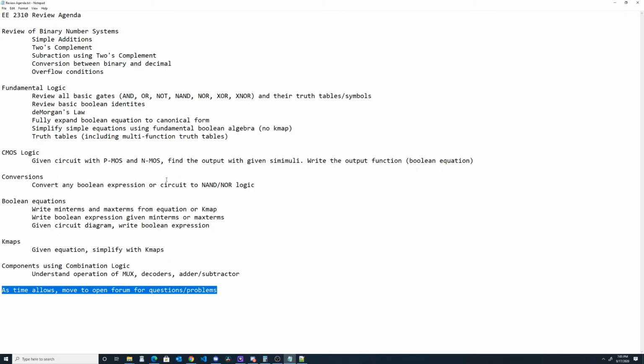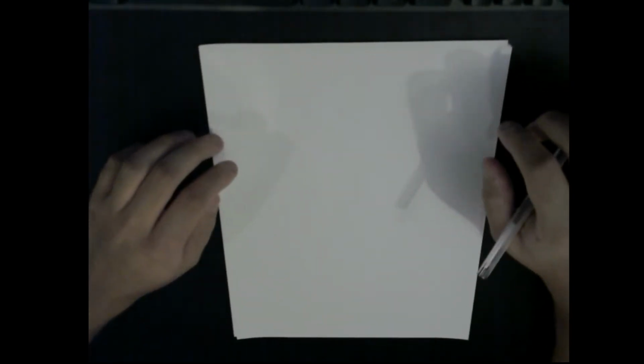All right, so the first thing I want to go over is binary operations. See if my camera's working right or not. There we go. All right, so binary numbers.